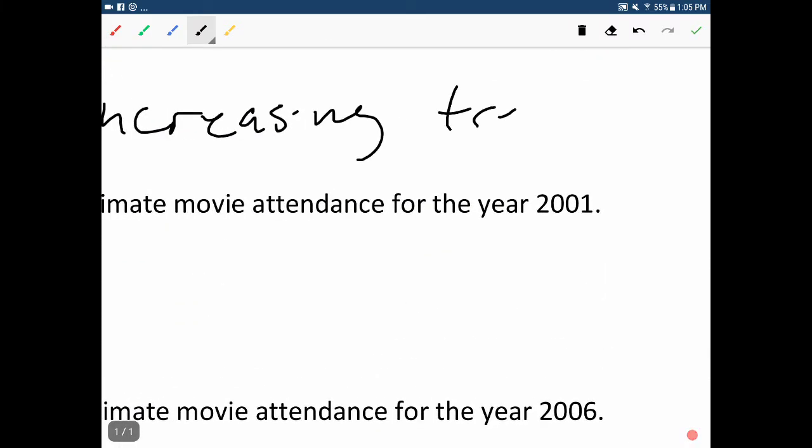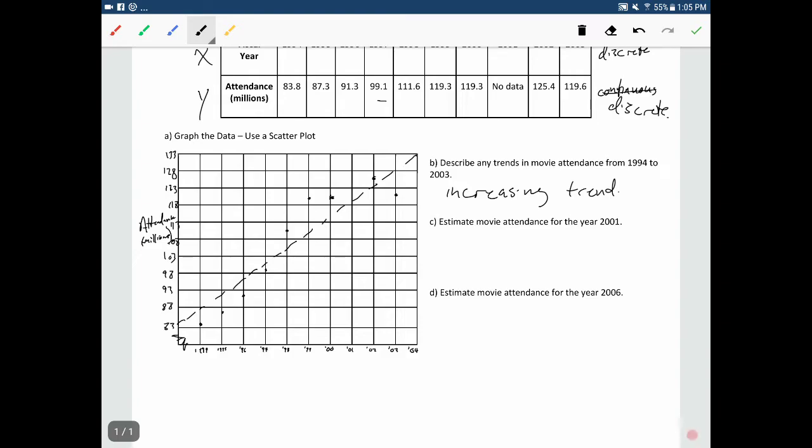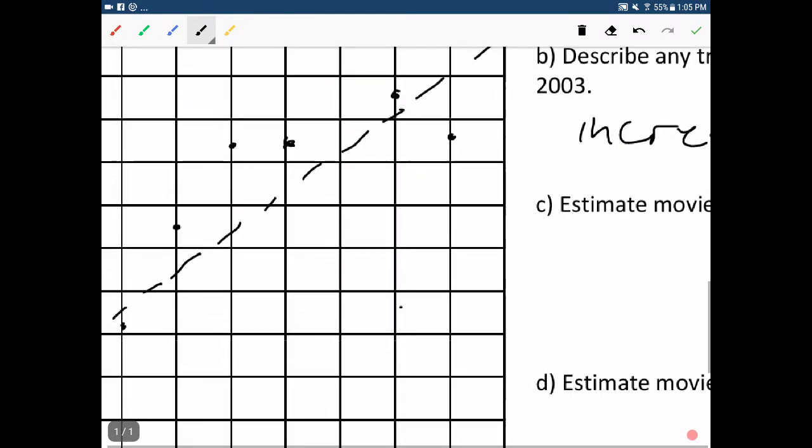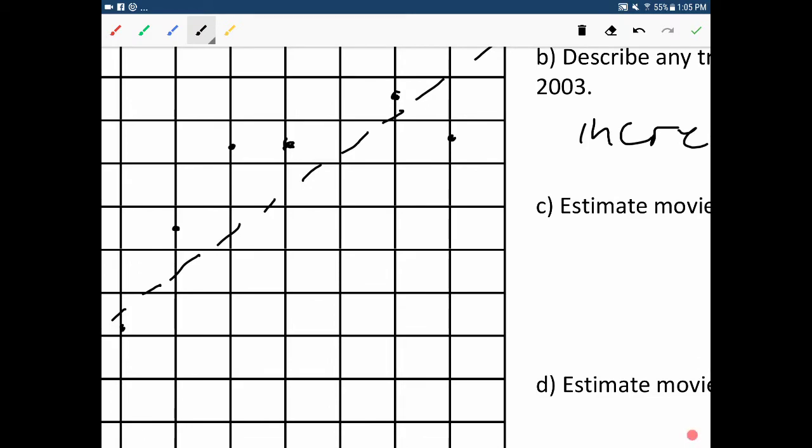Okay? So the question we have is, what would the movie attendance be approximately in 2001? In 2001, it did not give us the data. So once we've drawn a line of best fit, or this trend line, we're going to just look at where the trend line is.